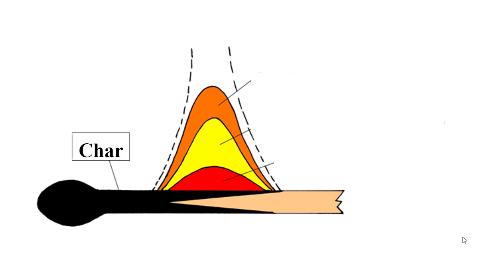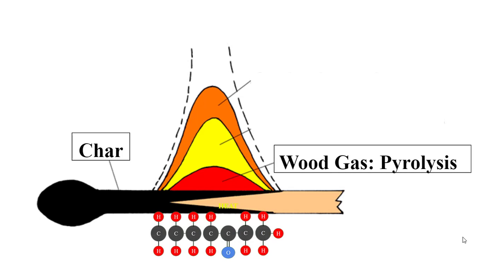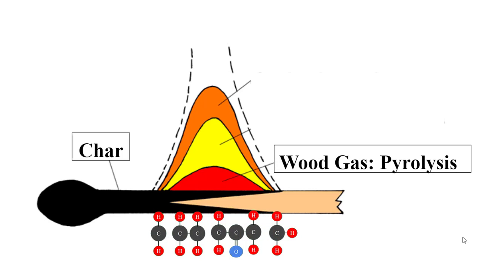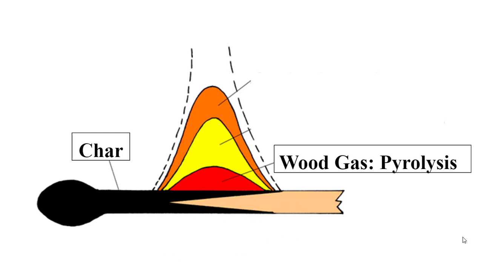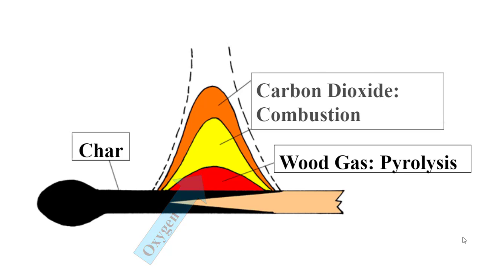And when you watch something burn, you actually are watching first pyrolysis, or wood gas, being generated as the wood heats up and releases its gases. And then oxygen comes in, starts mixing with these wood gases, and you get a second reaction known as combustion.